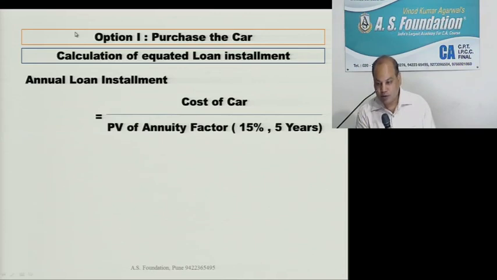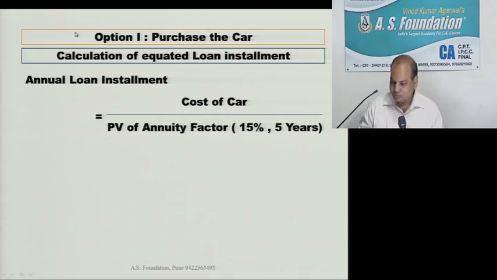So cost of car upon PV annuity factor, bank wants 15% interest rate. So bank will design the installment which will give them 15% rate of return. I think the factors are given in the problem, so all of you will use the same factor at 15%.